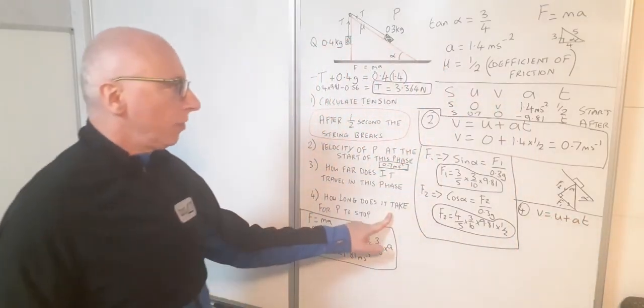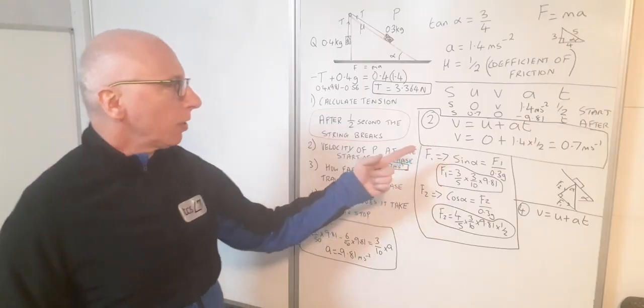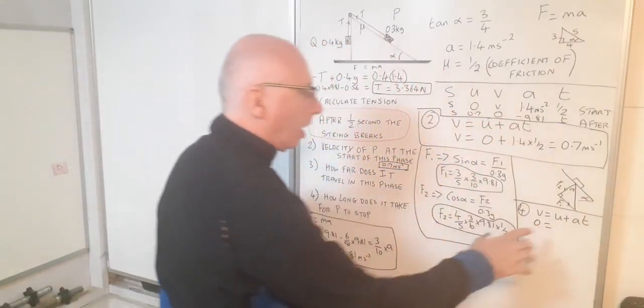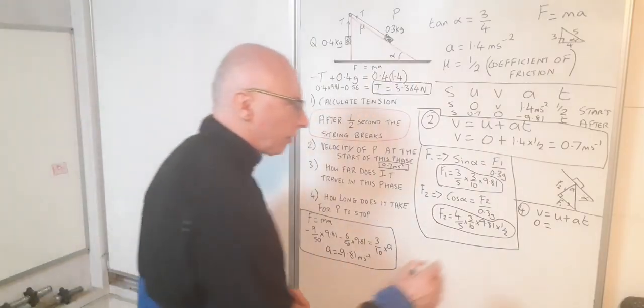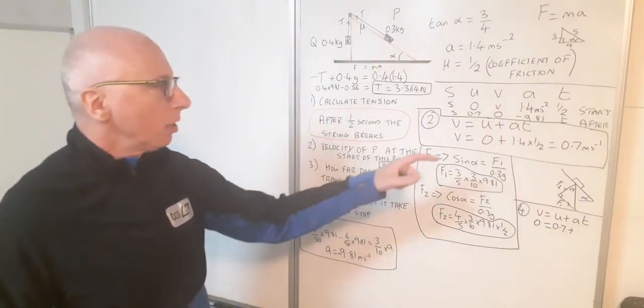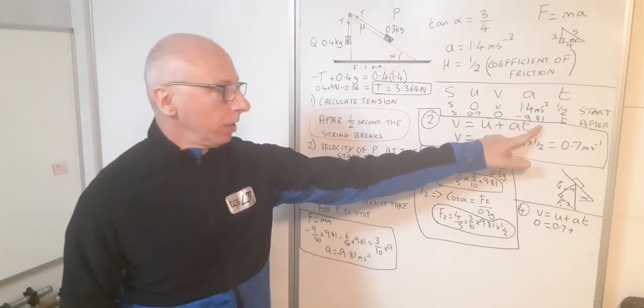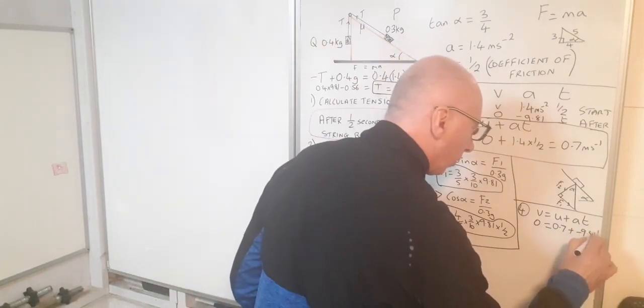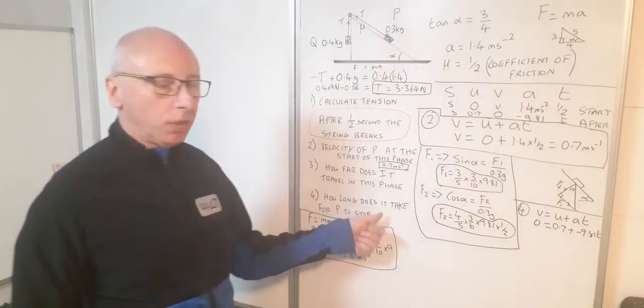So what is V? Well, V is now going to be 0. Our initial velocity is going to be the 0.7. Acceleration is going to be minus 9.81. And then we've got T, which is what we need to solve for.